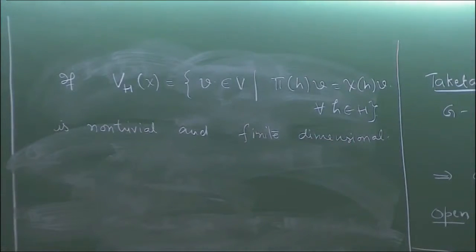So a representation is called finite weight if I can find any such tuple H, chi.